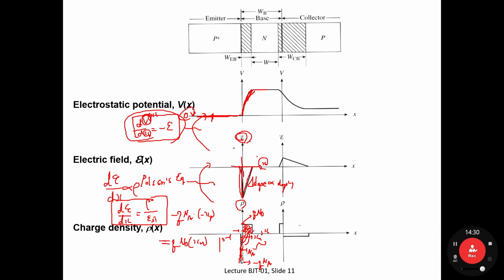Actually we have already done this quantitative analysis when we learned the one-sided PN junction diode. So if you have unfortunately forgotten all the details of the quantitative analysis of the one-sided P plus N junction diode, please go back to the movie clip that I have recorded, or refer to the lecture notes, or go to the textbook, the PRS book, and read all the corresponding chapters.